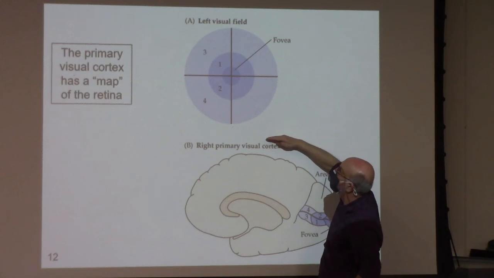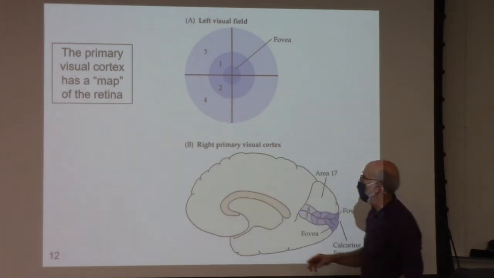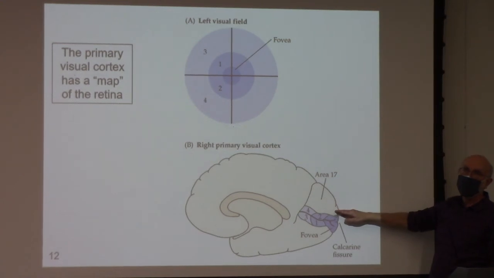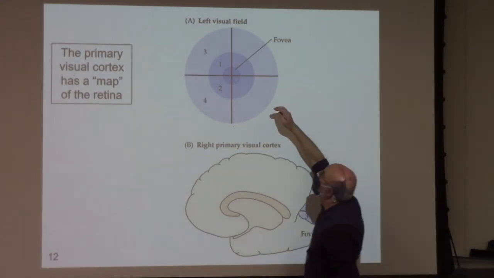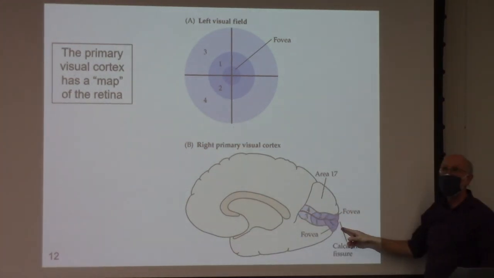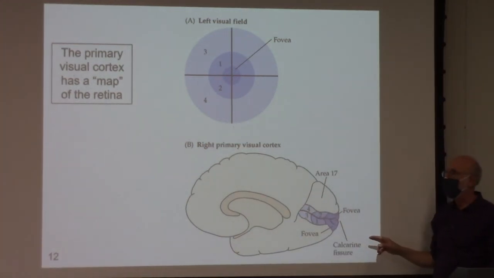The lower visual field, 2 and 4, is mapped to the gyrus above the calcarine sulcus, and the upper visual field, 1 and 3, is mapped to the gyrus below the calcarine sulcus.